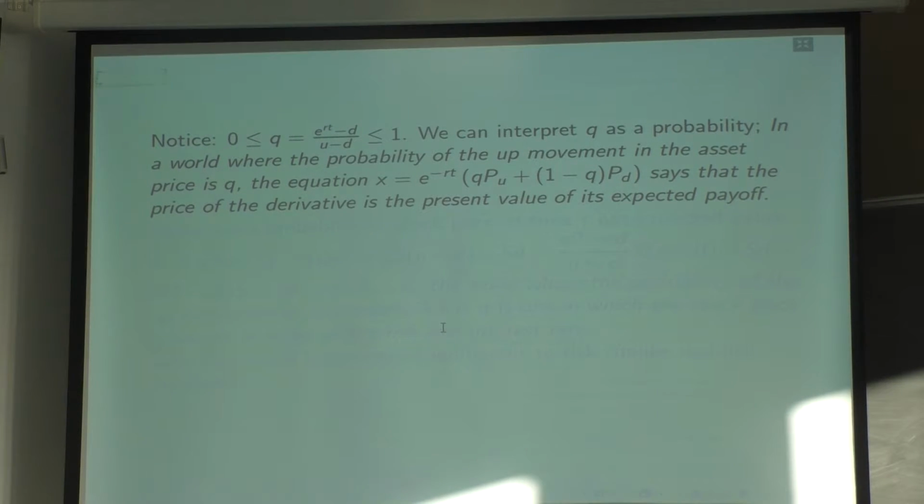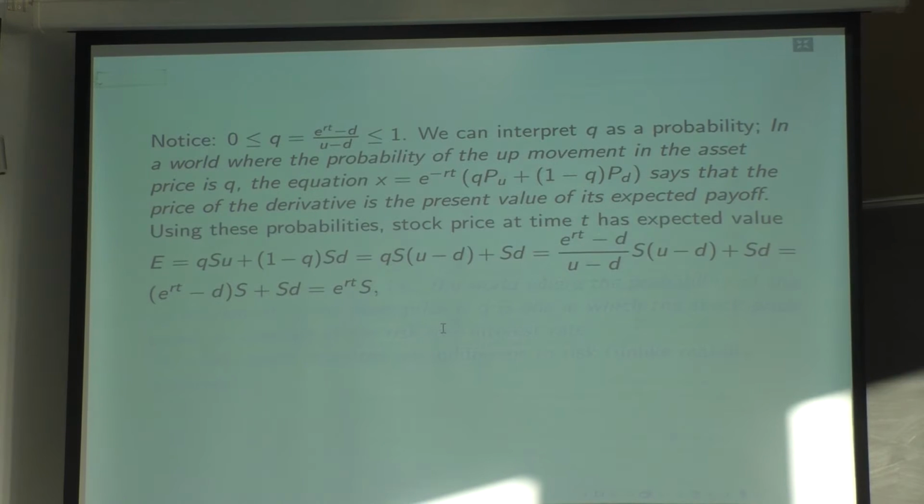Suppose that there is such a world, and we ask ourselves, what is the expected value of an investment in this underlying asset? We buy this underlying asset for S, and then with probability q we end up with something worth S times u, and with probability 1 minus q we end up owning something whose price is S times d. So the expected value of our investment of S pounds is this expression here.